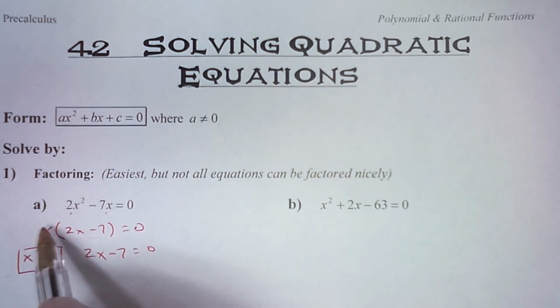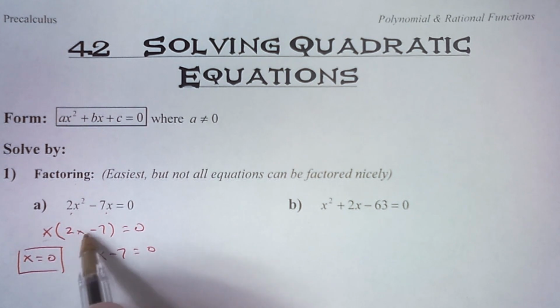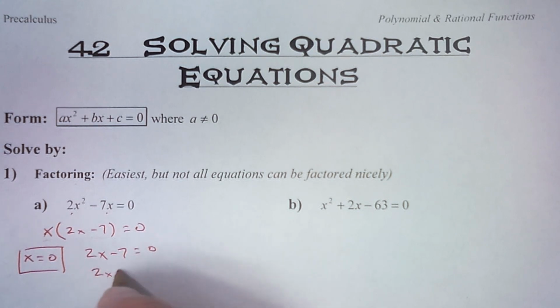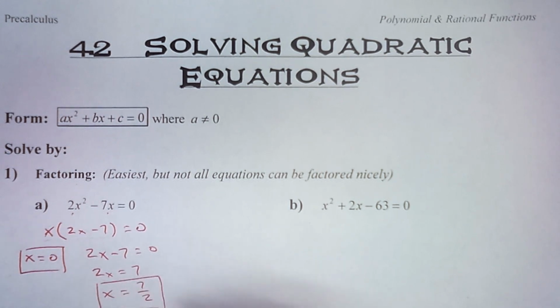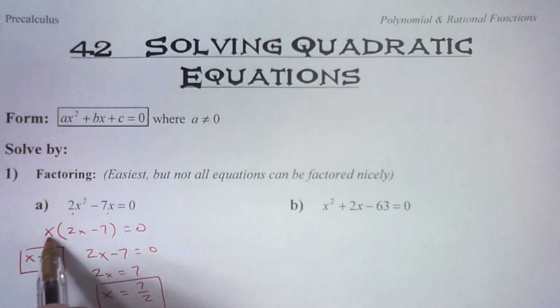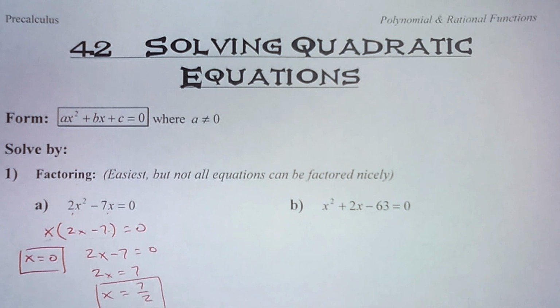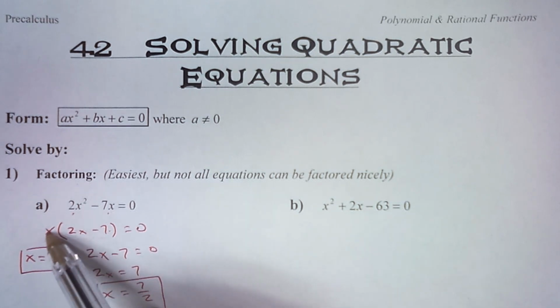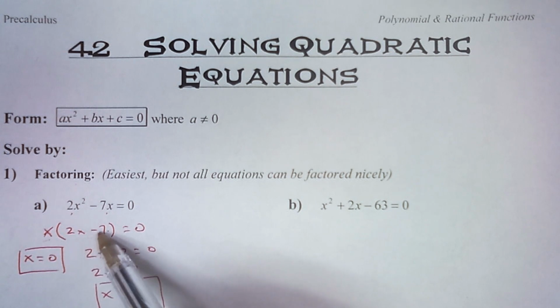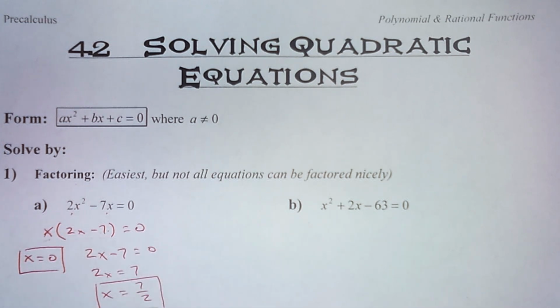If x is 0, then 0 times 2 times 0 minus 7 would give me 0. Now I solve for x here, and I get 2x equals positive 7, and x is 7 over 2. So there's the other possibility. 7 over 2 times 2 times 7 over 2 minus 7 would give me 0. Here's the value of x that makes this factor a 0, and here's the value of x that makes this factor a 0.